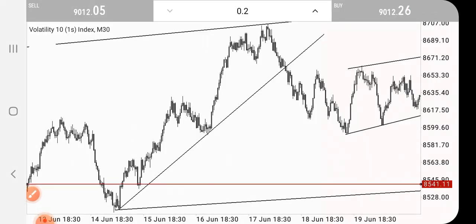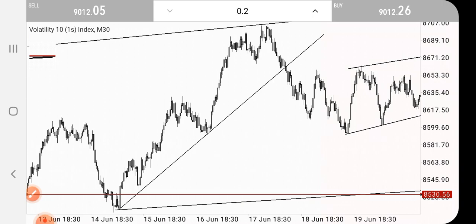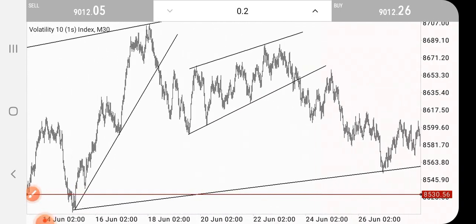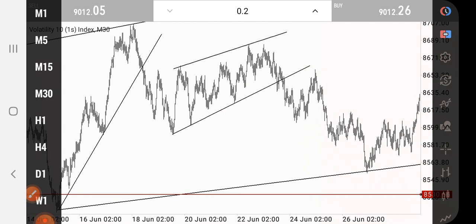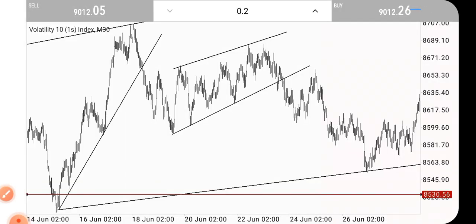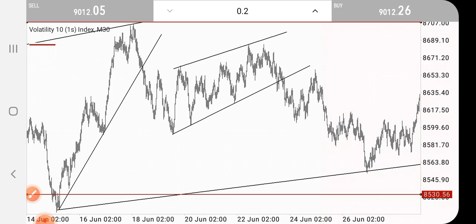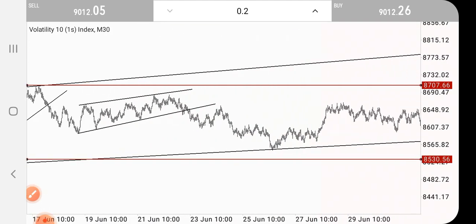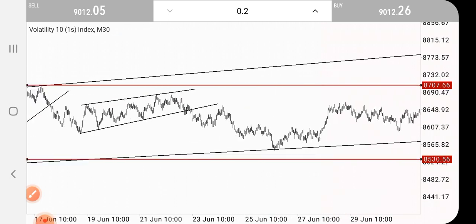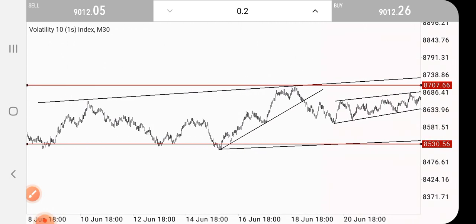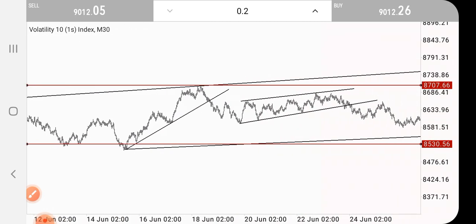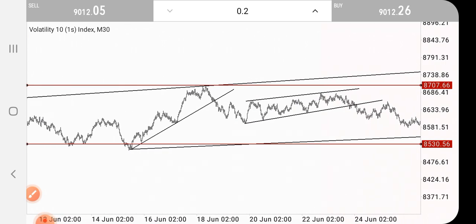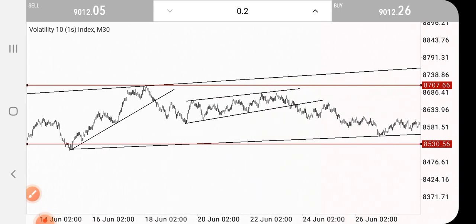Maybe it will go and never come back, and then it will hit your stop loss. Let's say your stop loss was here. Then you see the market has moved and never came to hit your take profit, but it came here and hit your stop loss. So we shouldn't be greedy.